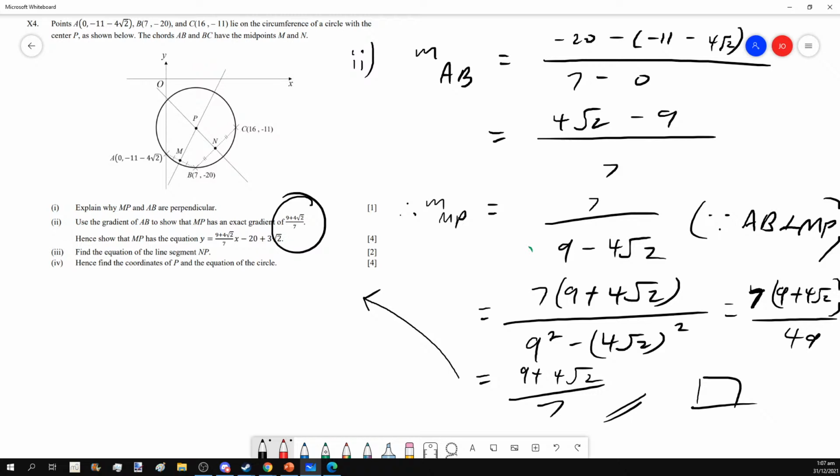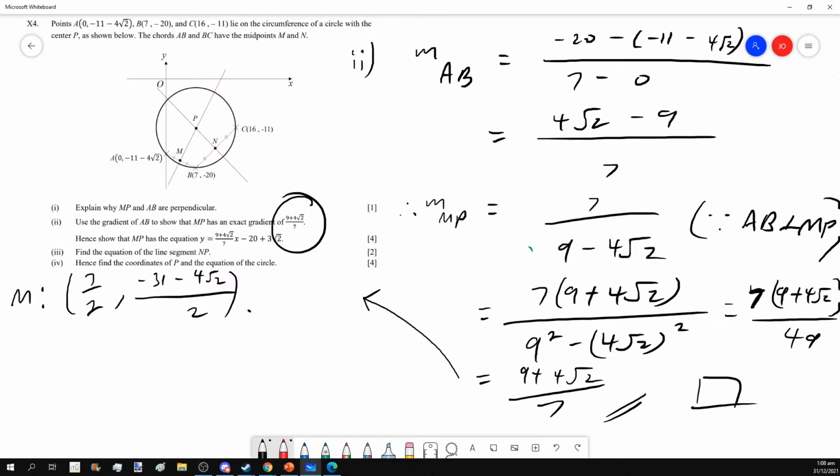As a perpendicular bisector, that means it passes through M, the midpoint. So for M, we will simply use the midpoint theorem from the previous lecture video. So we shall have 7 over 2, comma, negative 31 minus 4 root 2 over 2.